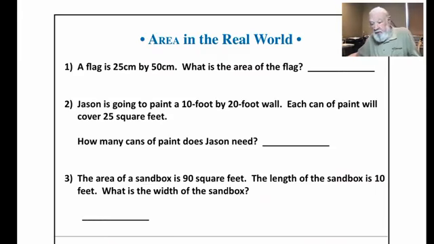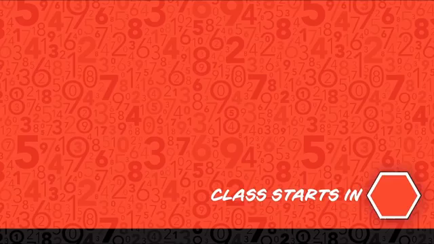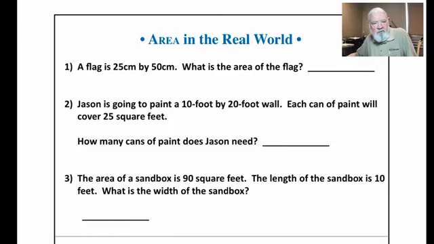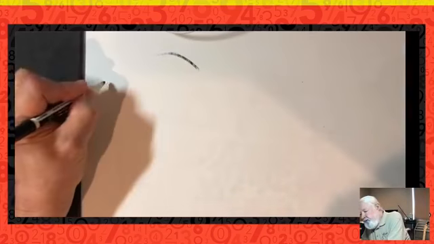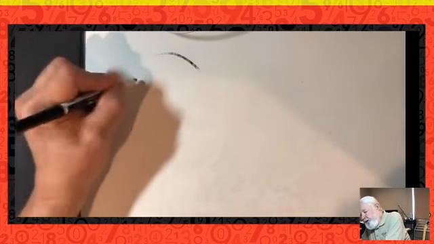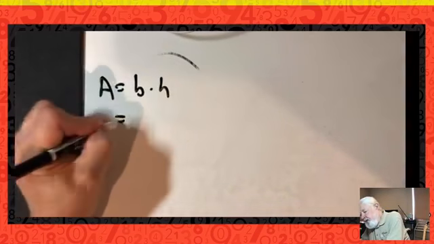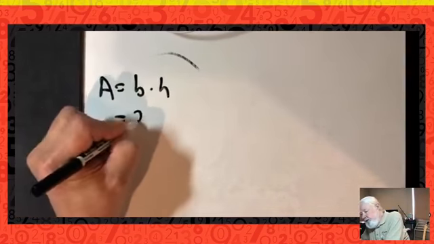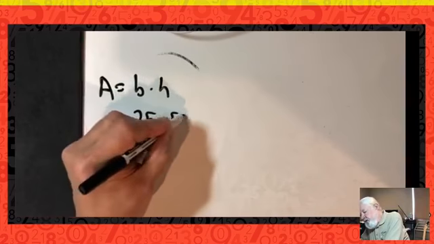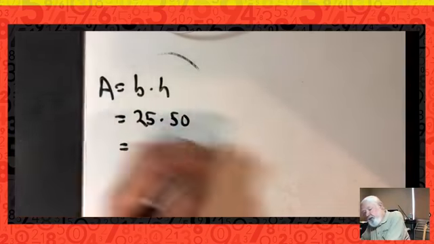And let me write that on the whiteboard here. So here are our numbers, 25 and 50. So area equals base times height is going to be 25 times 50. There are a lot of ways to do this.